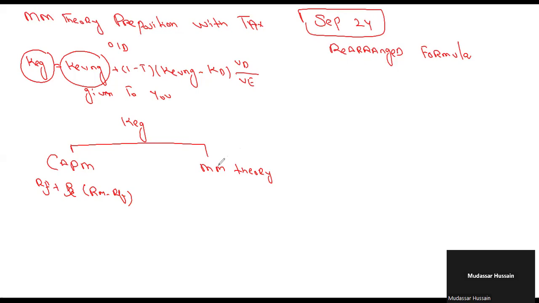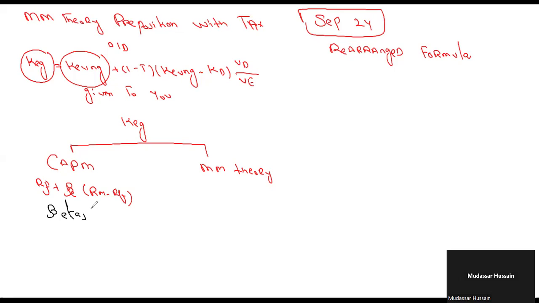Now the point is, sir, when do we use this CAPM formula and when do we use this theory formula? If in the question you have been provided the beta information, if the examiner has told you about the beta of the company, then we can find the geared cost of equity with the help of the CAPM.